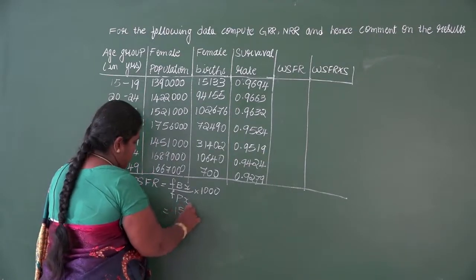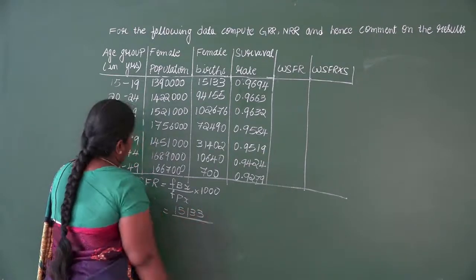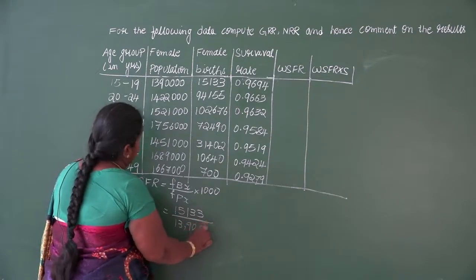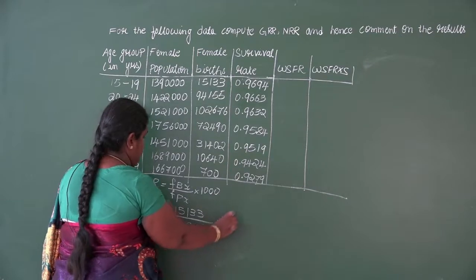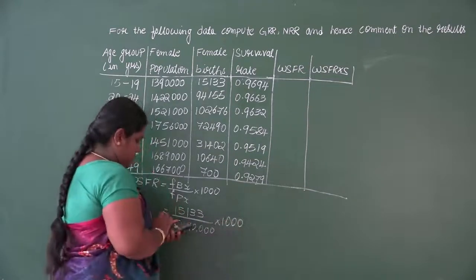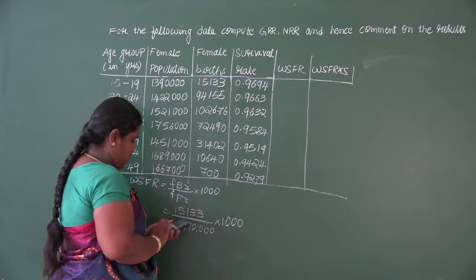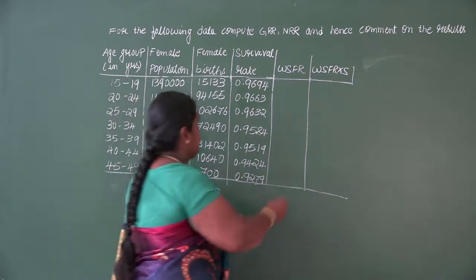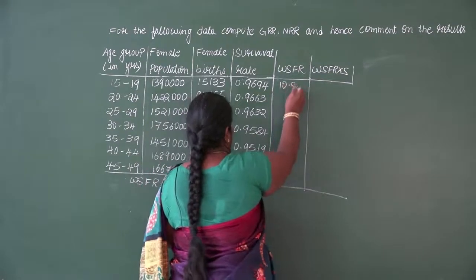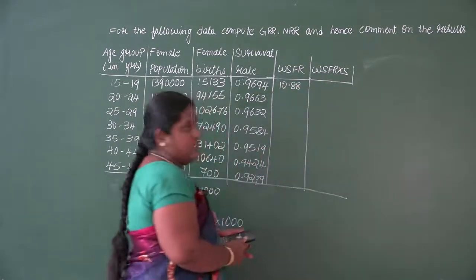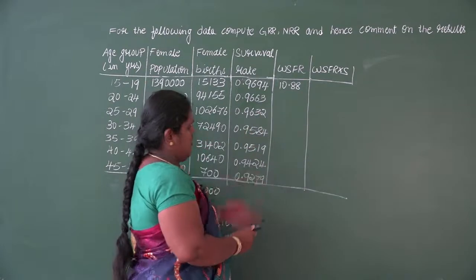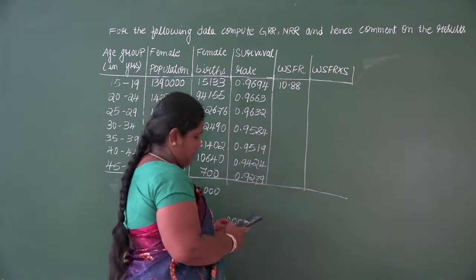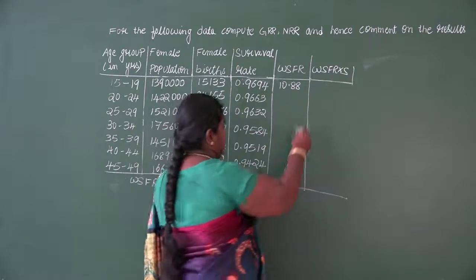It is 15,133 divided by 13,90,000 into 1000. We'll get 10.88. Simultaneously I'll multiply this WSFR into S. So it is 0.9694 into 10.88.